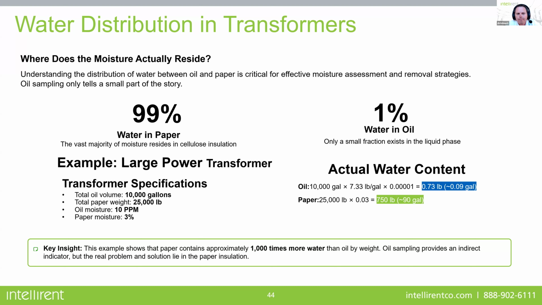I'll get into it a little bit, but this test really focuses directly on the paper itself, where all the water is. So there are no curves or graphs that you use to try to figure out and correlate the water content of your transformer.